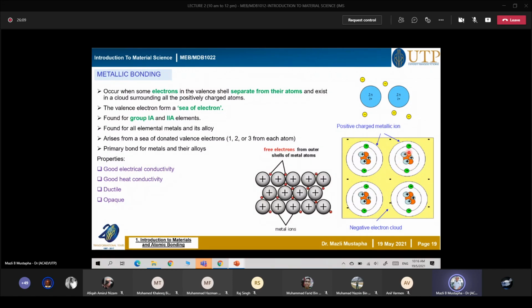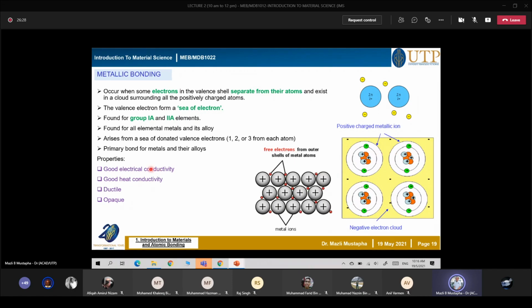Normally it's found in group 1A and 2 elements. This is for metal, and we call it a metal and its alloy. It arises from the sea of donated electrons, 1, 2, or 3 from each atom. That's why we have the sea of electrons.